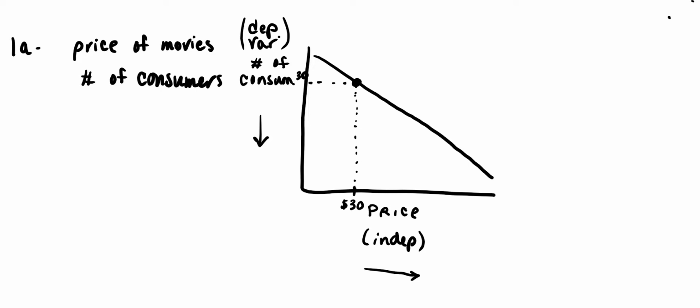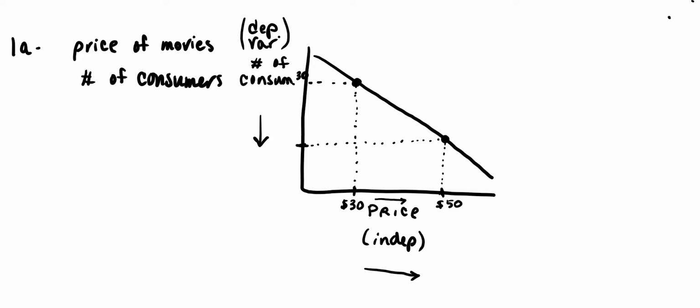Well, what this line is telling us is that if the price of tickets increases, so let's say that all of a sudden it goes to $50, then take a look at where we are on the y-axis. So we go up until we hit the line, and here we are at this dot, and now to figure out what number of consumers are going to the movies, we need to come across to the y-axis.